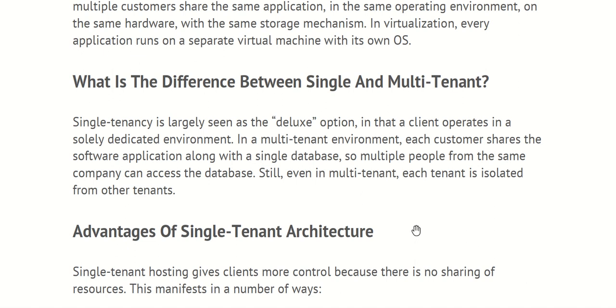Still, even in multi-tenant, each tenant is isolated from other tenants because it is completely in our control the way we design our applications. Okay, and computer or hardware resources are so powerful, right, guys? In the single tenancy model, most of the time they get wasted. So instead of wasting such powerful and expensive resources, it's better to go with multi-tenant architecture where you can share your hardware resources and serve the needs of multiple client organizations.